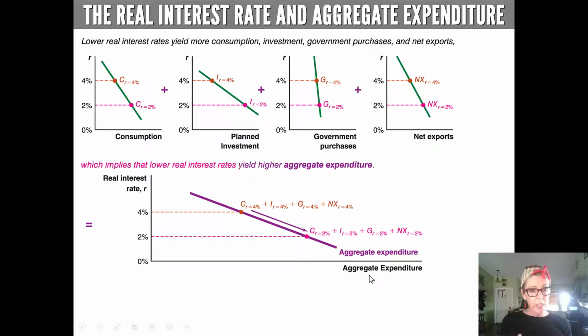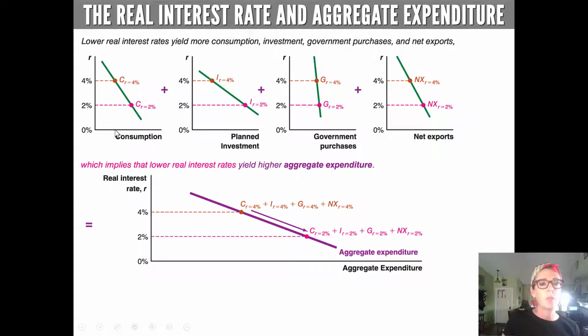So lower real interest rates, we can buy more refrigerators, more cars, consumption goes up, right? So if interest rates drop from 4 to 2%, expect the quantity of consumption, the dollars spent on consumption, to rise.